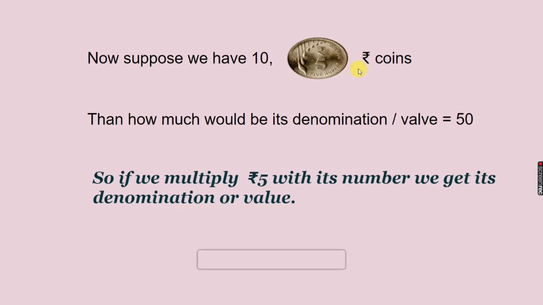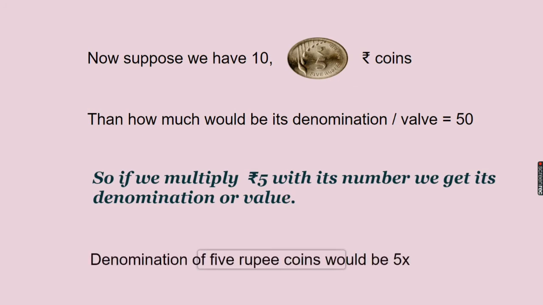So if we multiply rupees 5 with its number, we would get its value or its denomination. So the denomination of 5 rupees coins would be 5x, because 5 is the value and x is the number of coins.